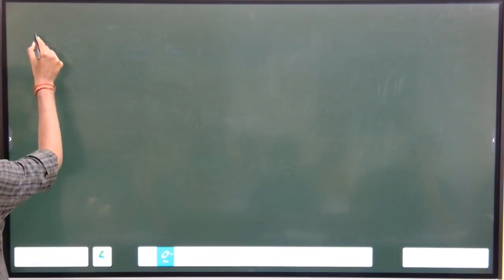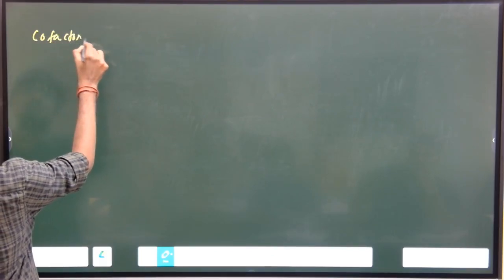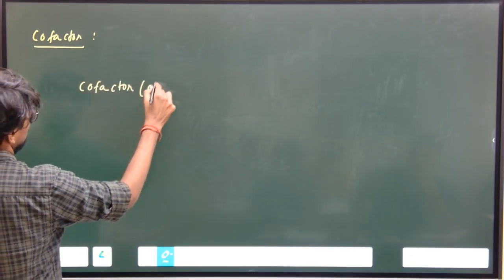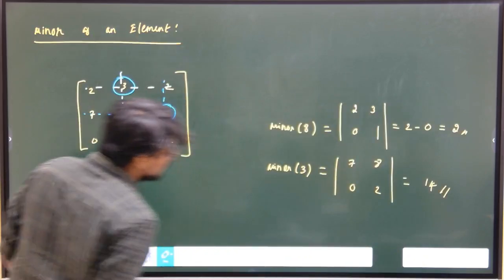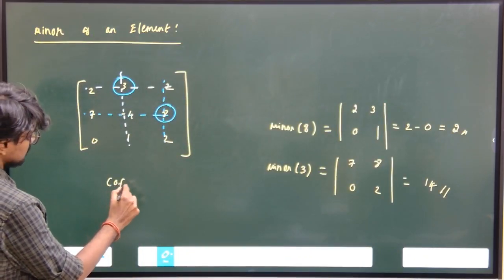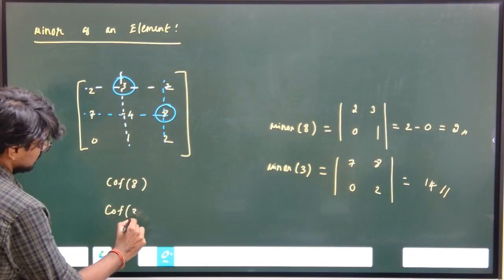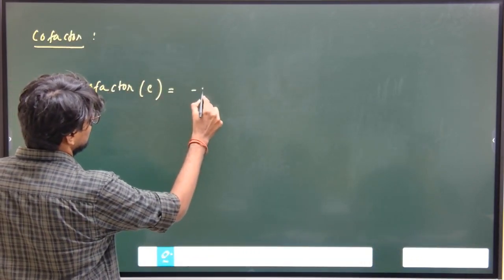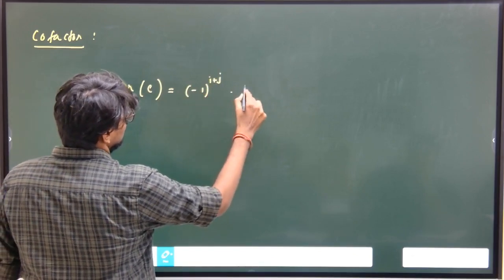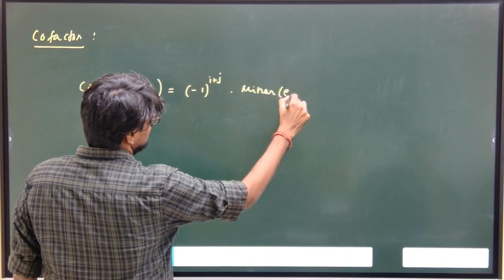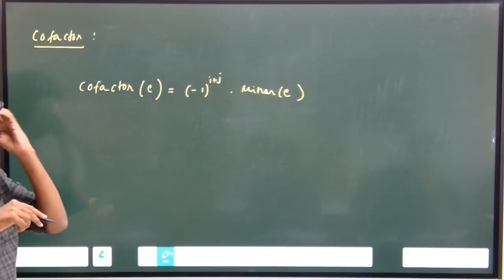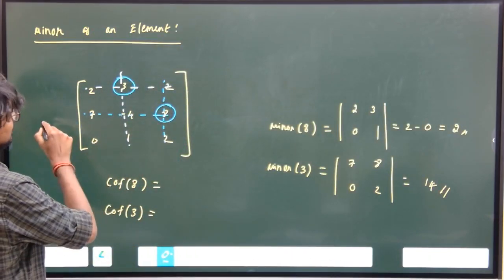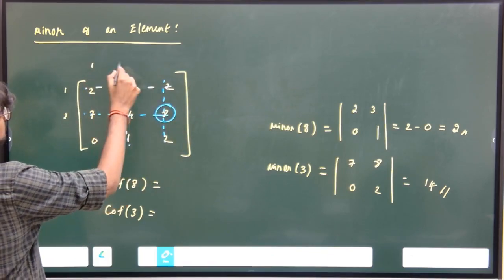Now coming to cofactor. If I want to find the cofactor of any element, for example the cofactor of 8 and the cofactor of 3 here itself, the cofactor will be equal to (-1) to the power i plus j, into the minor of that particular element. 8 is present in the second row, third column.